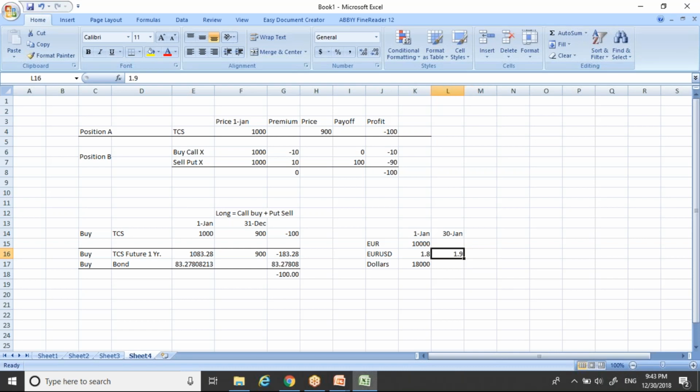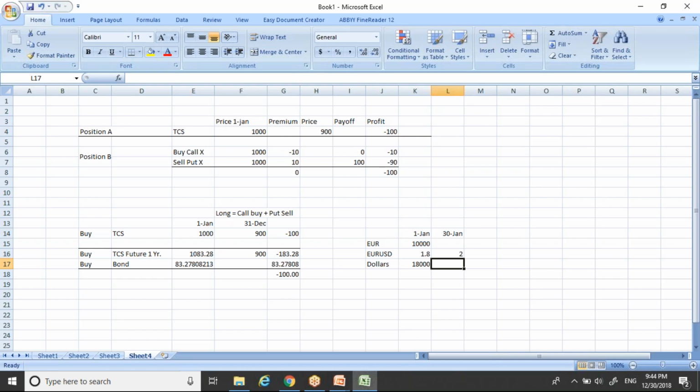Then you have two options. One option is you can go for futures. You buy futures, and if the price goes up, you gain from the futures and you pay off the debt. But the problem is, what if the price goes down? Then you may have losses.